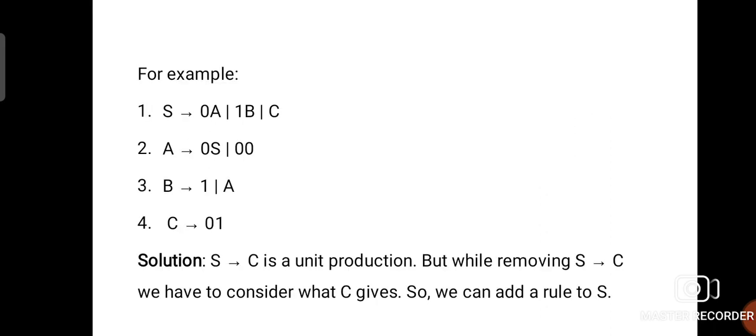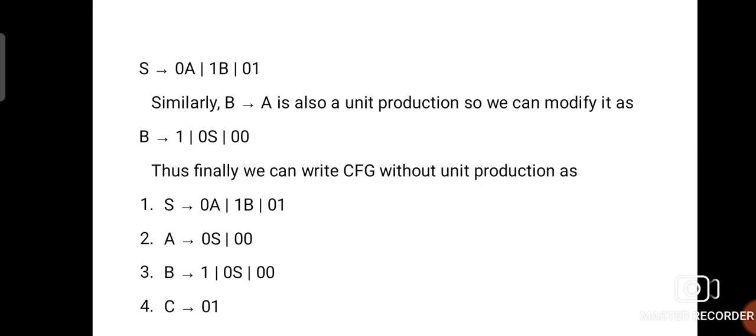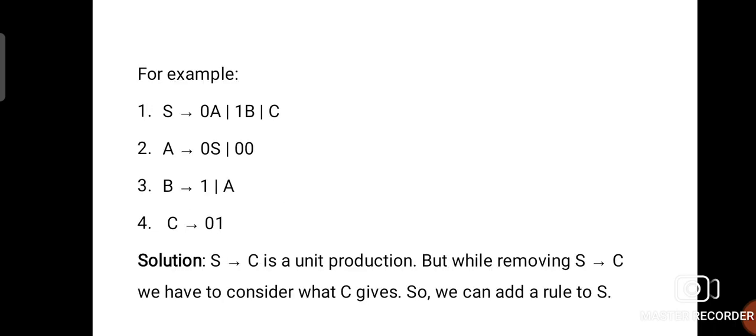Similarly, B tends to A is the unit production. So we can modify it for B. So we will get B tends to 1, and in the place of A, we have to put the substitution for A. So we can reconstruct the B like B tends to 1, 0S, 0, 0.